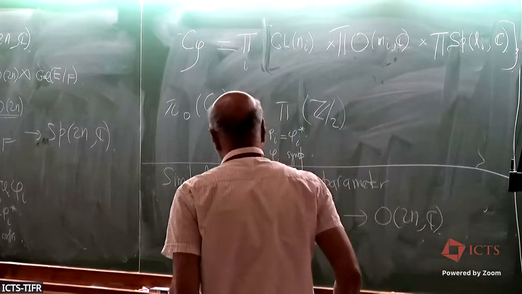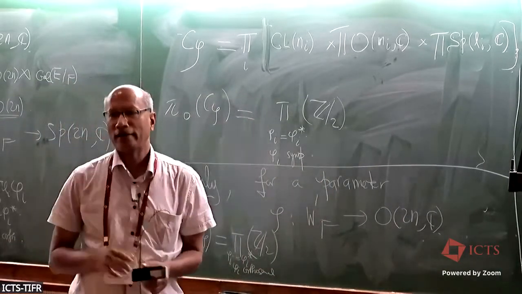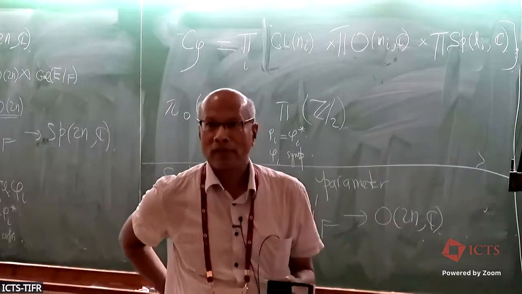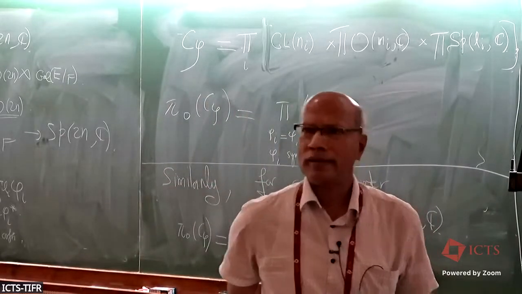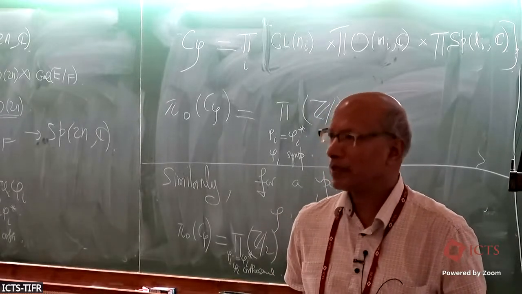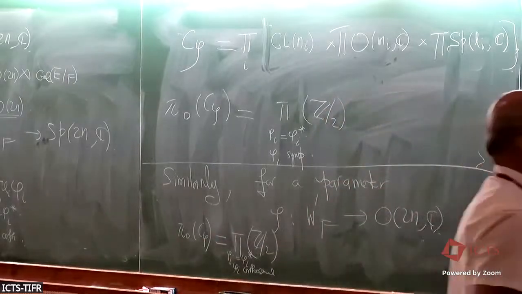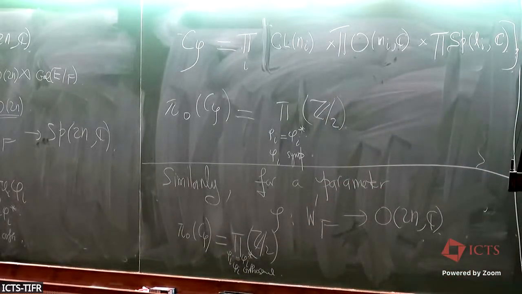And now the task in front of us is to construct a character on these component groups. But these phi's are symplectic or orthogonal representations of the Weil group.